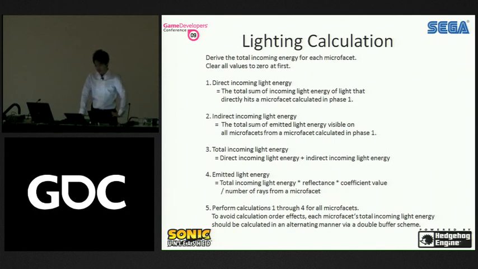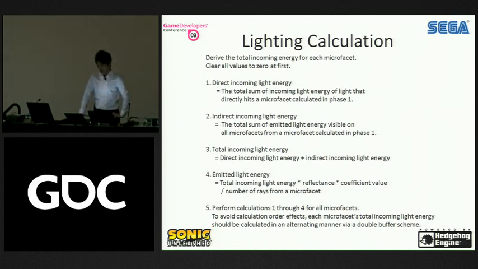Number 1, first, we think about direct incoming light energy. This is the total sum of incoming light. And then we remember this number. Number 2, indirect incoming energy. The total sum of emitted light energy visible on all microfacets from the calculation in phase 1.